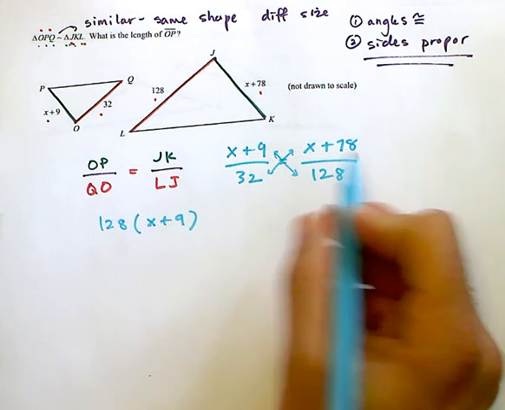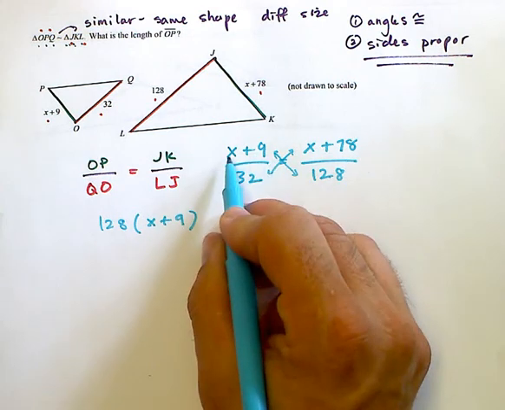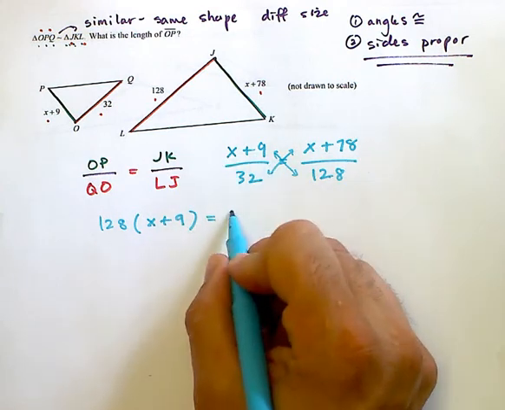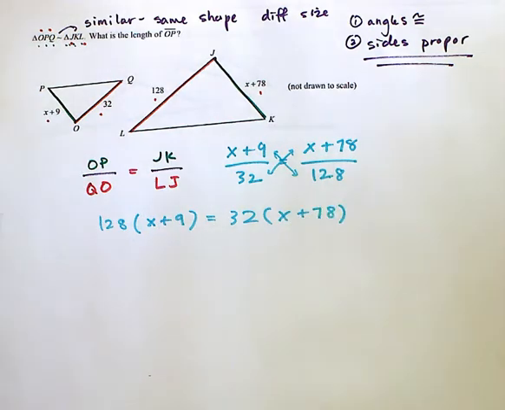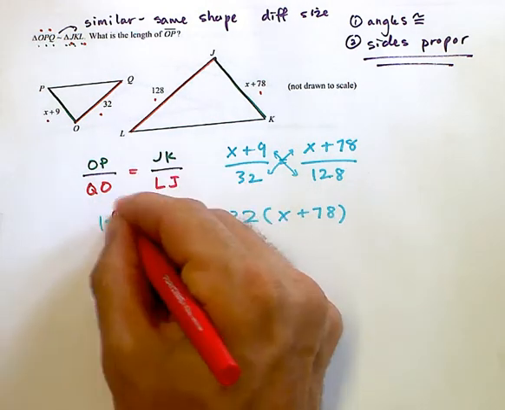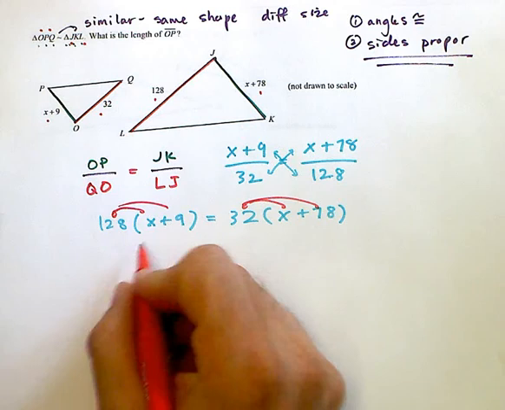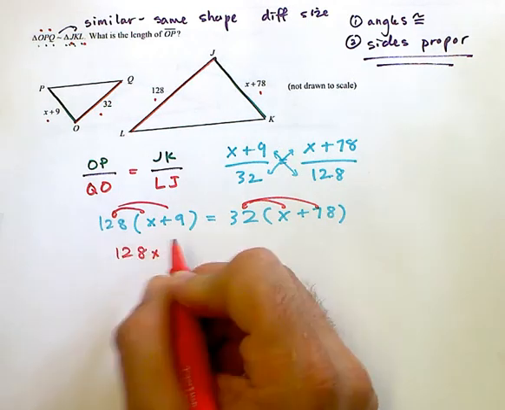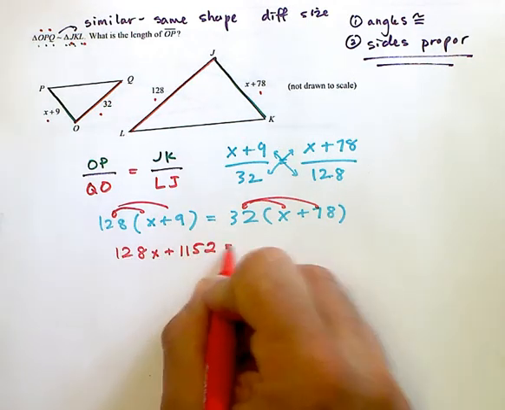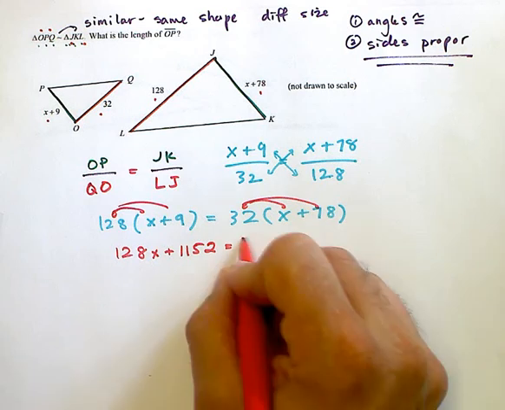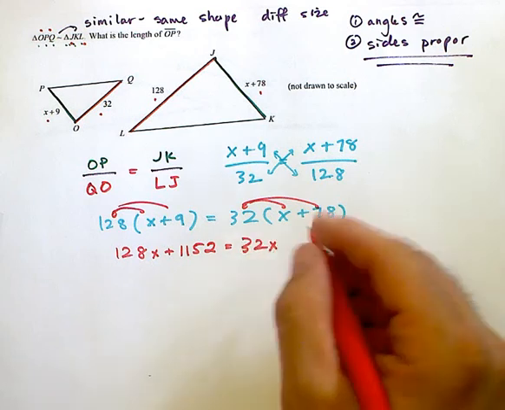I'm going to multiply 128 to both the x and the 9. So I get 128x plus, probably going to need a calculator for that. Kind of already went ahead and filled out some of these numbers.